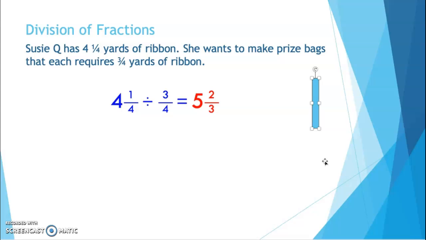She wants to make prize bags for each requires 1/3 yard of ribbon. So 4 1/4 divided by 3/4, and that is going to equate to 5 2/3. Show your work, describe your work, and think about how you would teach this to children. Think about your math vocabulary.